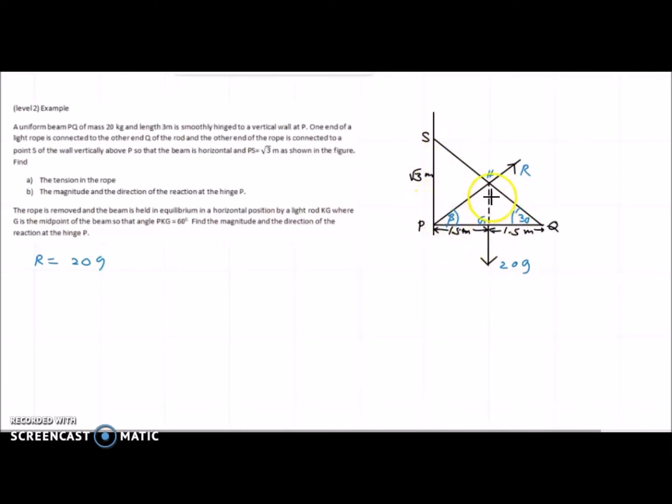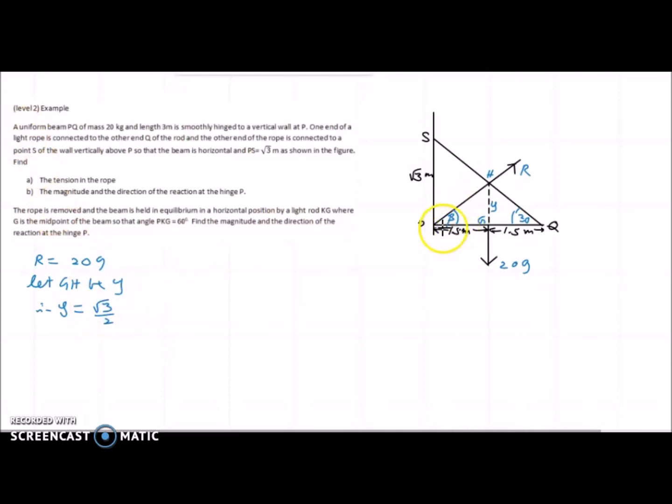Then from geometry, GH equals half of PS. PS is root 3, so GH equals root 3 by 2. Let GH be Y. Therefore, Y equals half of this, that is root 3 by 2.